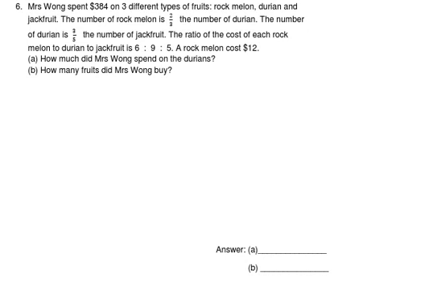So Mrs. Wong spent $384 on 3 different types of fruits: rock melon, durian, and jackfruit. The number of rock melon is 2/3 the number of durian, and the number of durian is 3/5 the number of jackfruit.